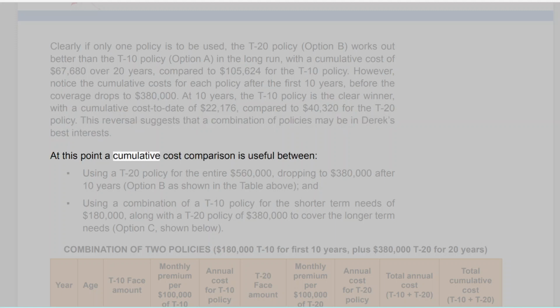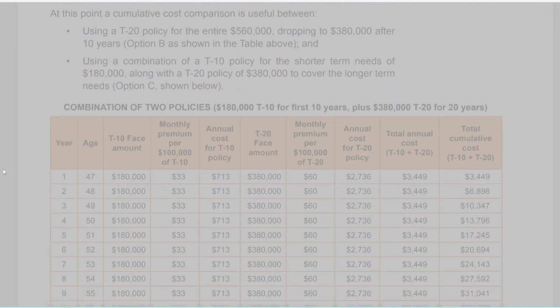At this point, a cumulative cost comparison is useful between using a T20 policy for the entire $560,000, dropping to $380,000 after 10 years, option B as shown in the table above, and using a combination of a T10 policy for the shorter term needs of $180,000, along with a T20 policy of $380,000 to cover the longer term needs, option C, shown below.